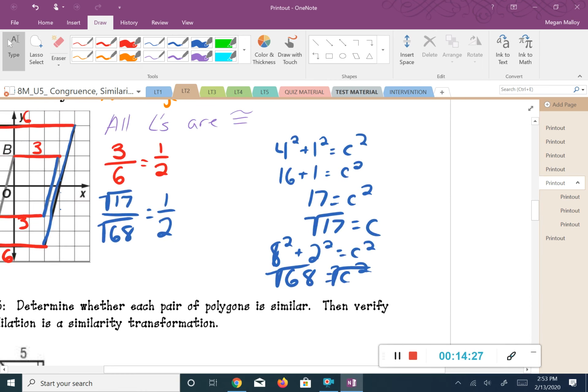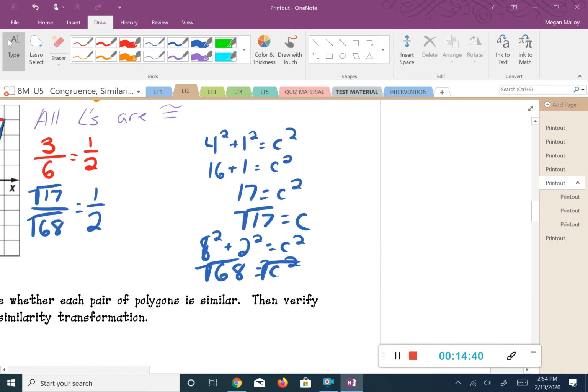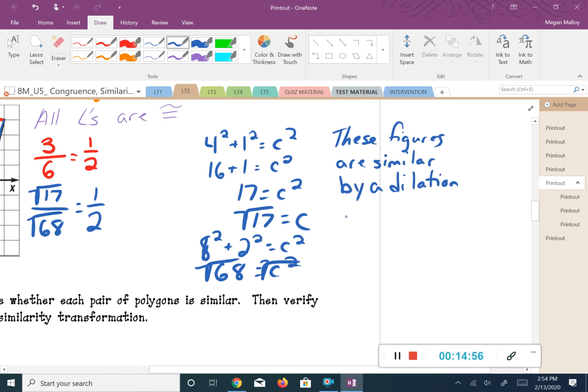So you can see that the sides are proportional because, again, opposite sides in a parallelogram are congruent. We can say that these figures are similar by a dilation of 1/2.